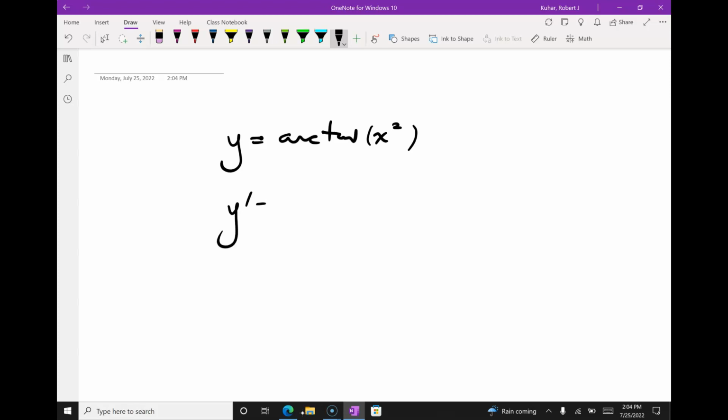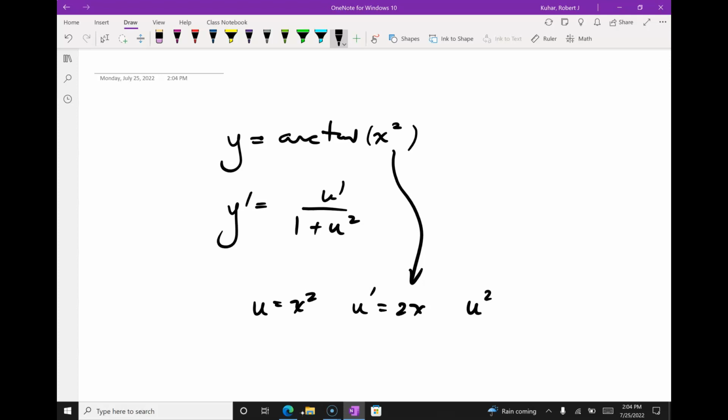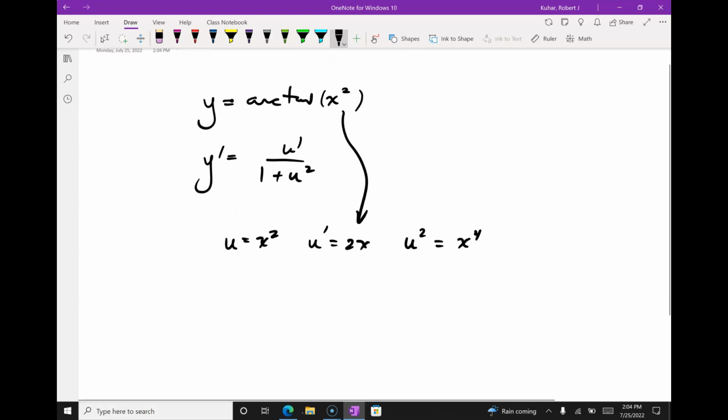We know that y prime is u prime over 1 plus u squared. So all I really have to do is figure out u, x squared. U prime is 2x, and u squared is x to the 4th. So once I have all of those pieces, I know instantly that y prime is 2x over 1 plus x to the 4th.